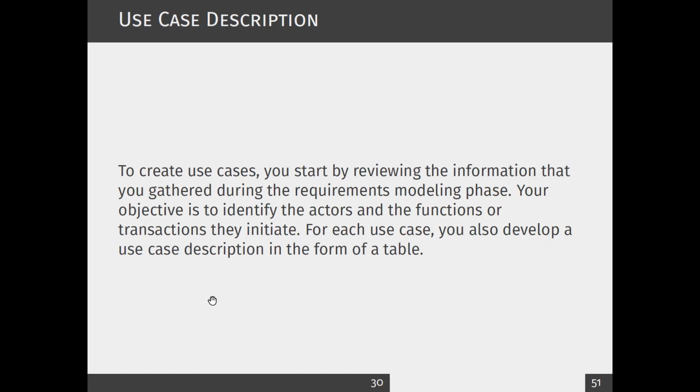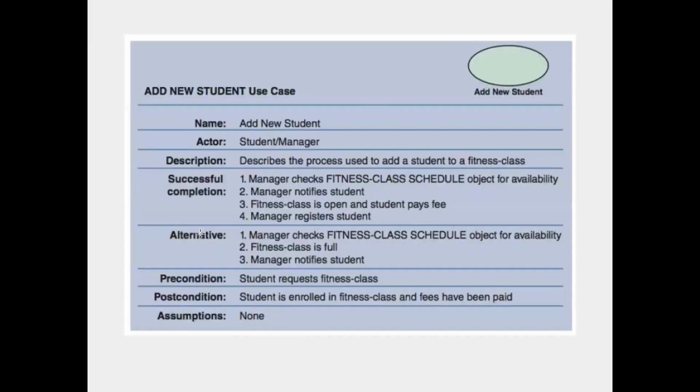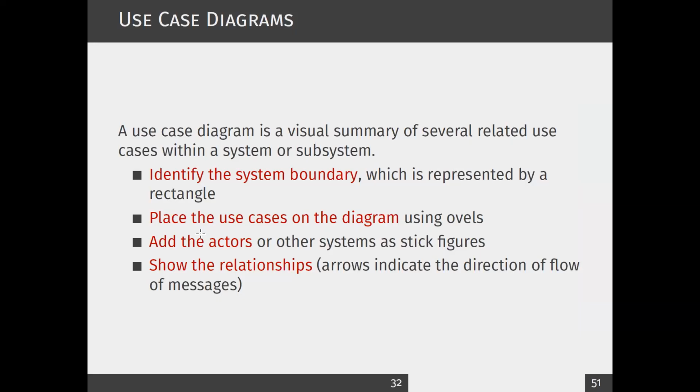For each, you have to write a use case description. Here is an example: in this use case you can see add new student, and the name, actor, description, completion, successful, alternative, pre-condition, post-condition, assumption. So there are many things to consider.